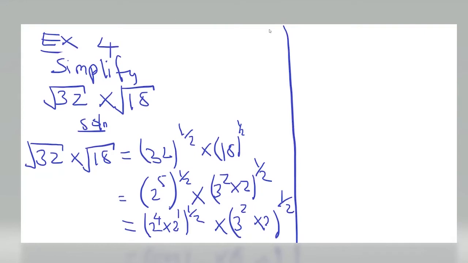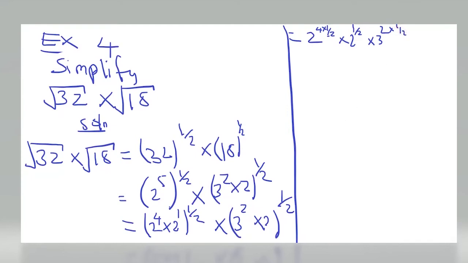Then just inherit a half outside the bracket, then it will be equal to 2 power 4 times a half, then times 2 power 1 times a half, which is a half, then times 3 squared times a half outside the bracket.